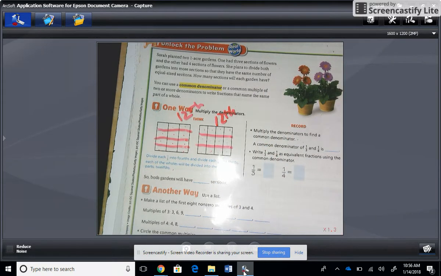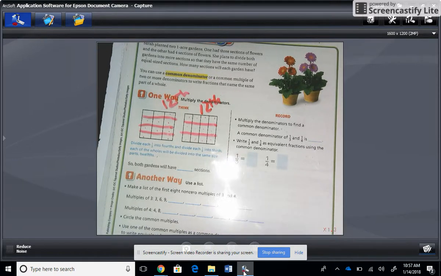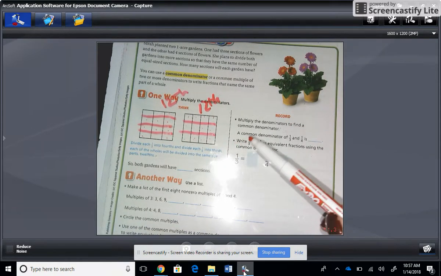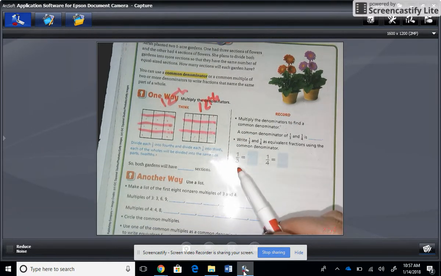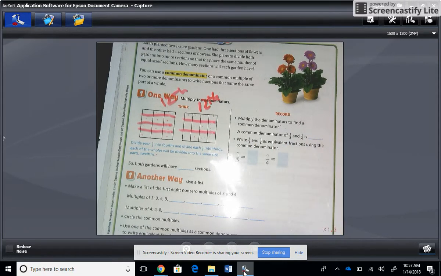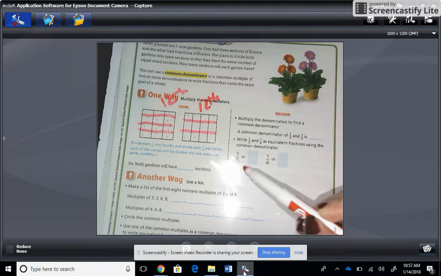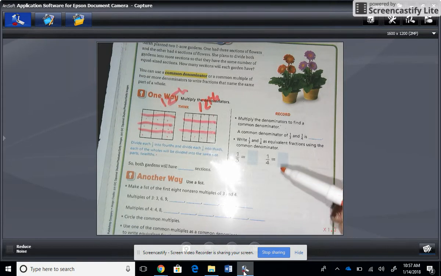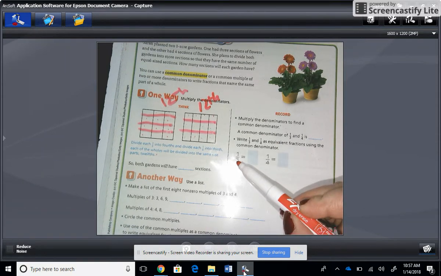So how can we do that with just a fraction without drawing it? Well, I look at here and I say to myself, write a common denominator or an equivalent fraction. Now remember, equivalent means the same. So how can I make these two the same? Well, we went through equivalent fractions before, and we have to ask ourselves, what multiple of 3?